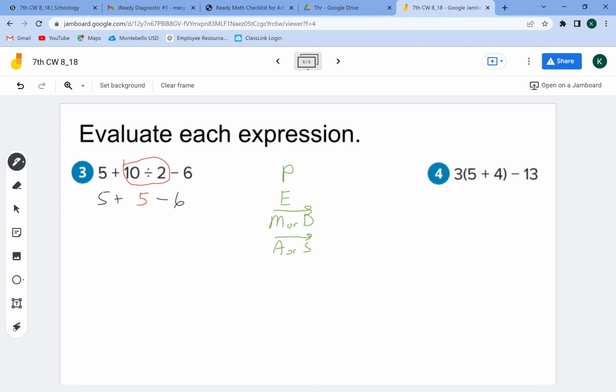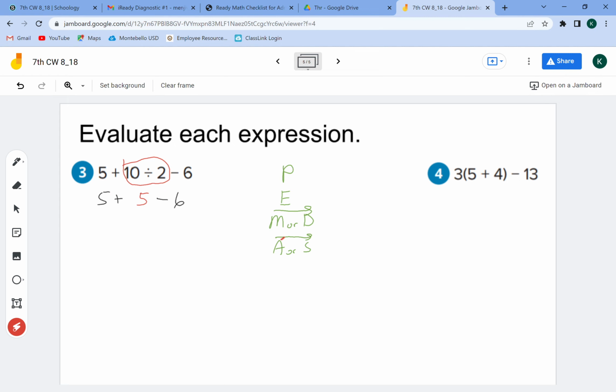Then I bring the rest of the expression down here. Okay, so now I have that expression. Now I scan it again from left to right for any addition or subtraction. I go, oh look, it's right here and right here.